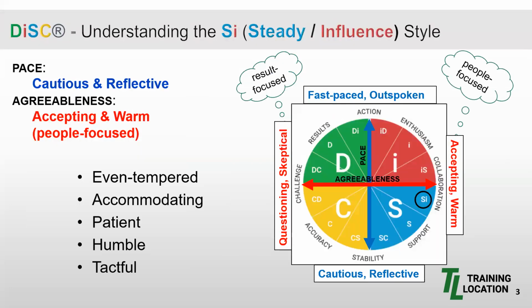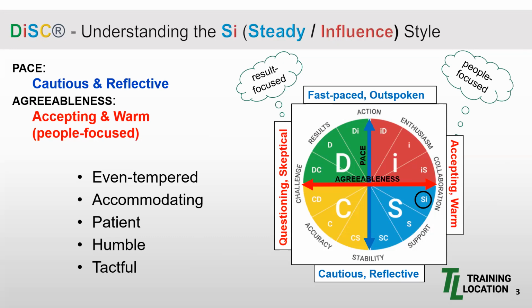So, a quick summary of the SI style. Let's start with what we know. We already know a couple basics about the SI style, which resides within the steady quadrant. This S quadrant, including the SI, the S, and the SC styles, as you can see, has a pace of cautious and reflective combined with an agreeableness quotient of accepting and warm, which we refer to as people-focused.